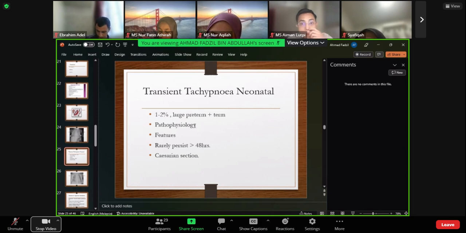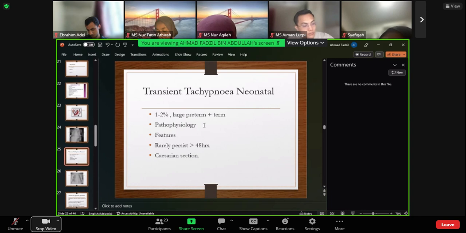The pathophysiology is that when the fetus is intrauterine, the lung contains fluid only, not air. So when the child comes out from the intrauterine to the extrauterine environment, like what we are in now, the lung has to be cleared of the fluid. But in certain babies, newborns, it takes time for the fluid to clear from the lung.